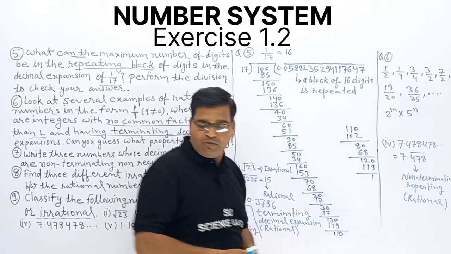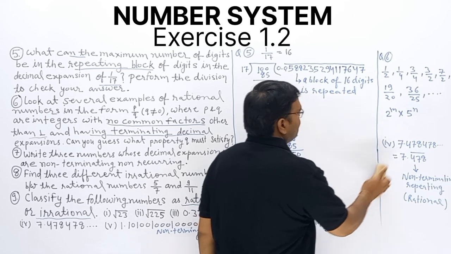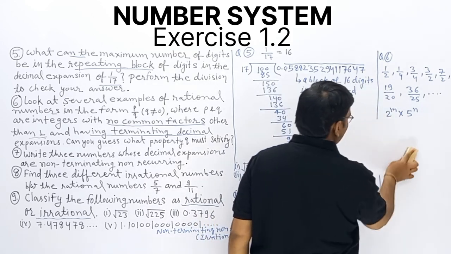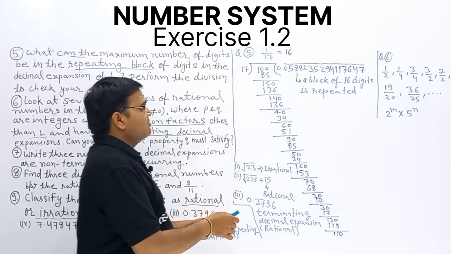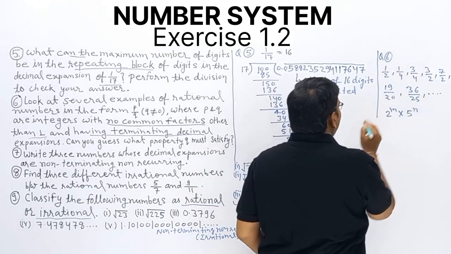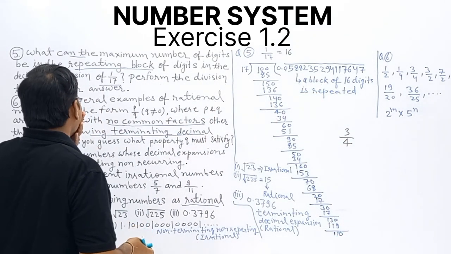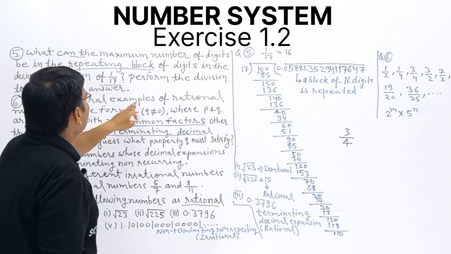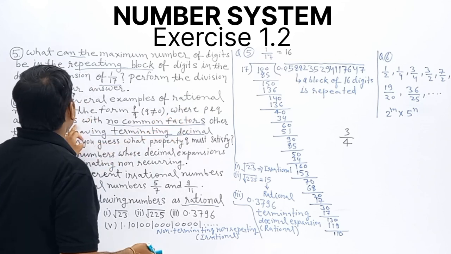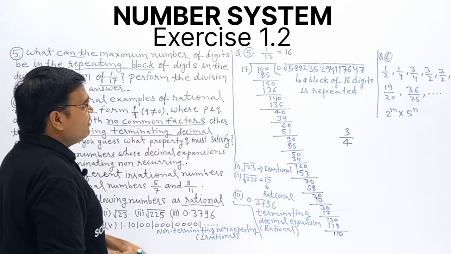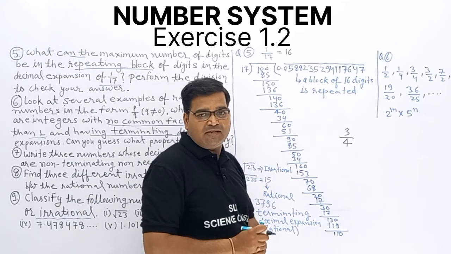3 and 4. Observe these questions carefully. What is happening in these questions? Listen. 3 and 4 is one example. I am having one example, 3 upon 4, it is P upon Q, and P and Q are integers.